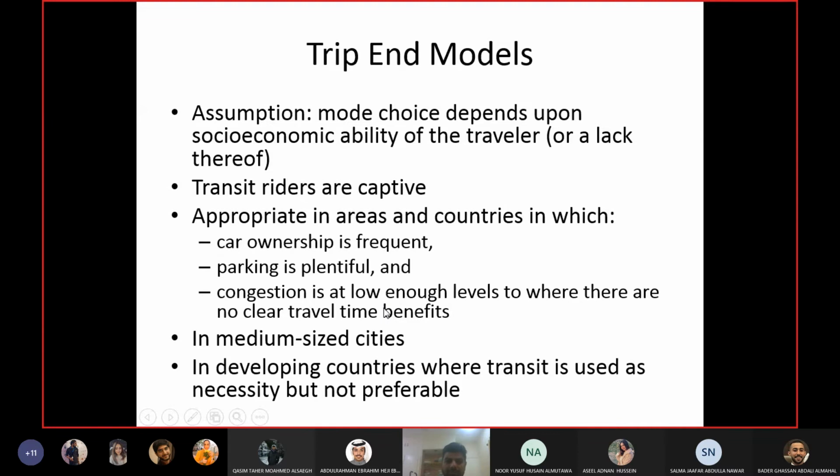So in these conditions, trip end models can work. Where car ownership is very high, parking is plentiful, congestion levels are low, using the other mode doesn't have any benefit for you. So whoever has the car will only go by the car.